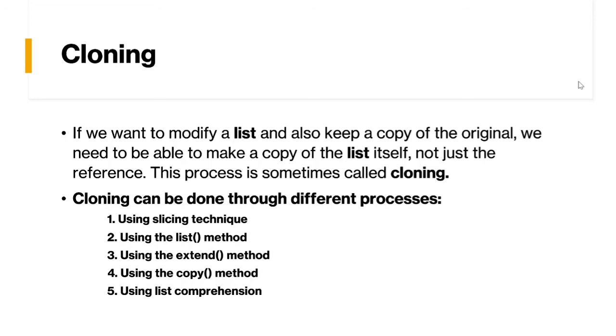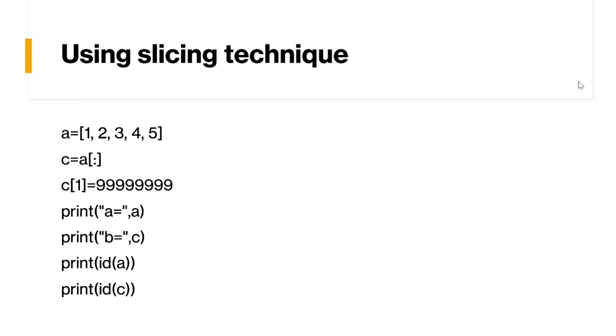Now in order to make a clone of a list, we have different options. Here I have listed around five top methods with which we can create a clone of a list. Let us have a look at them one by one, and then we will also be comparing the IDs of the objects that we created through cloning. The first technique is the slicing technique, which is as follows.